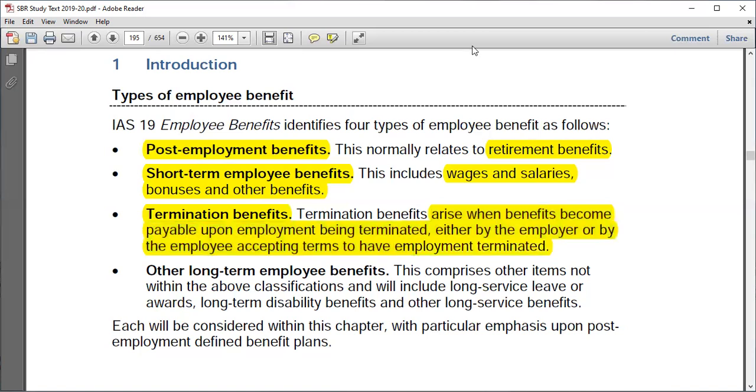Yes. But also, you can have this last point here of other long-term employee benefits. So you can have other long-term employee benefits other than the above, right? For example, maybe this comprises other forms not within the above classifications and will include maybe a long service leave. Let's say you have a leave for long service for a long time, or maybe awards, maybe long-term disability benefits.